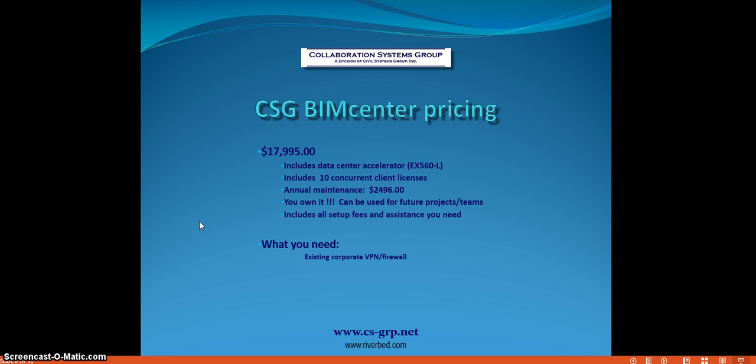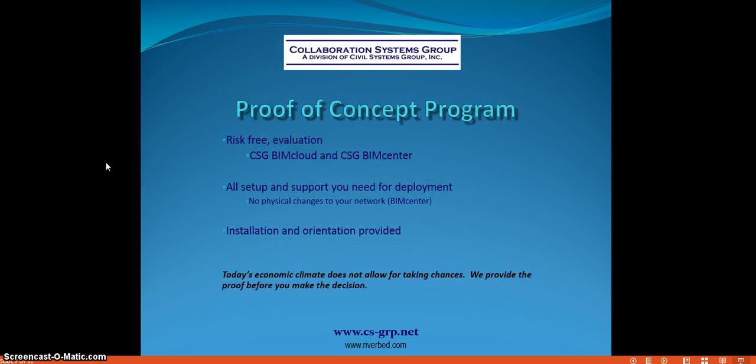You own this, so you can repeat this process for all future projects and project teams. There is an annual maintenance of just under $2,500 a year, and that includes support, software upgrades, as well as replacement should the device happen to fail. But it includes all the setup fees and assistance that you'll need from us to get this going, and we'll use your existing corporate firewall and VPN to get this all set up for you.